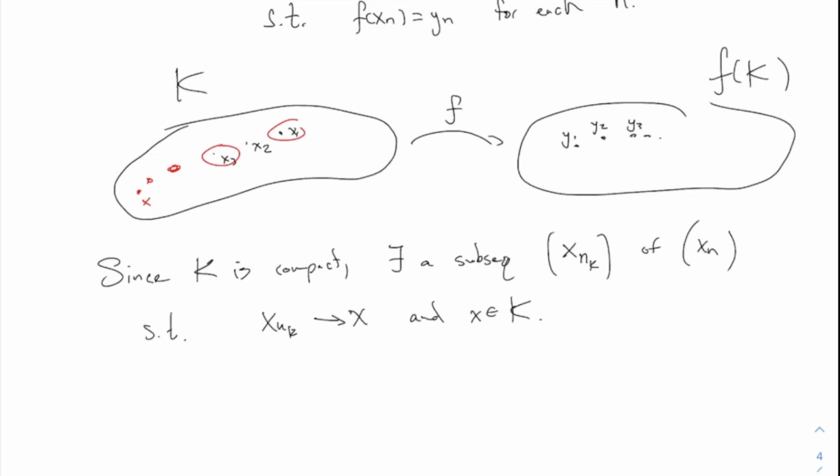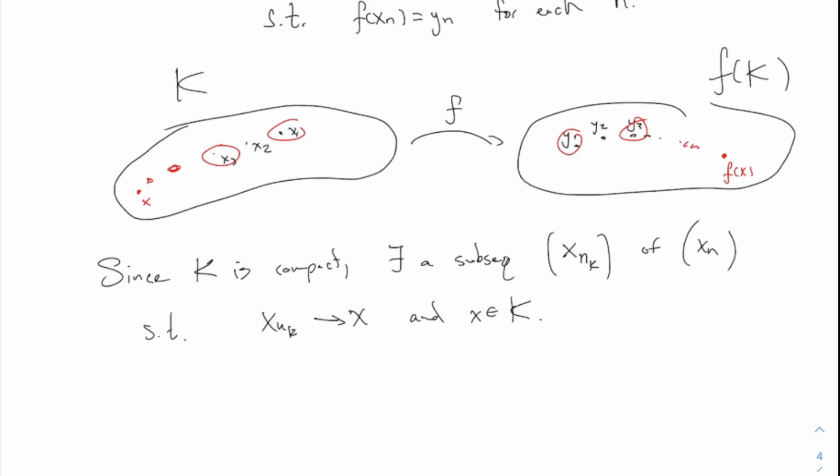If I push this forward again, the ones I circled in red correspond to some of these. So they converge to f of x. If you believe the picture, these things ought to converge to wherever that point goes over here. These should converge to this point, which would be f of x. Now, is that actually true? I have to write this out in terms of the proof.